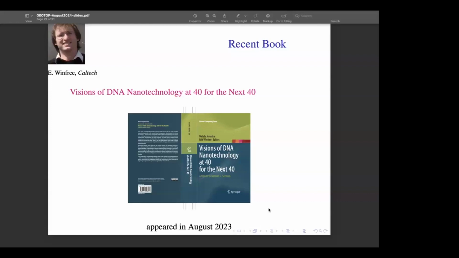And if I may ask one further question, is any of this work related to possible implementation in DNA computation?